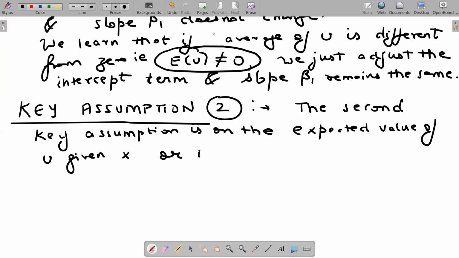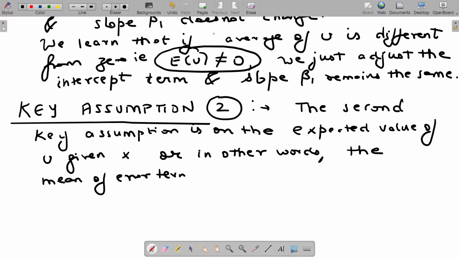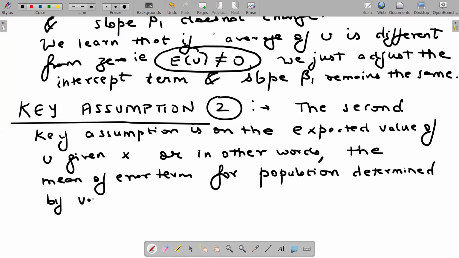Or I can write, in other words, the mean of the error term for the population determined by the values of x.